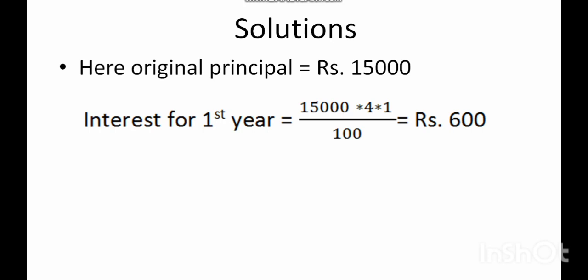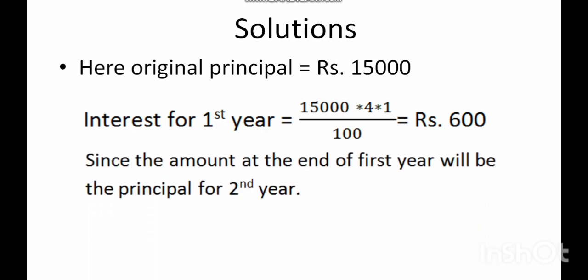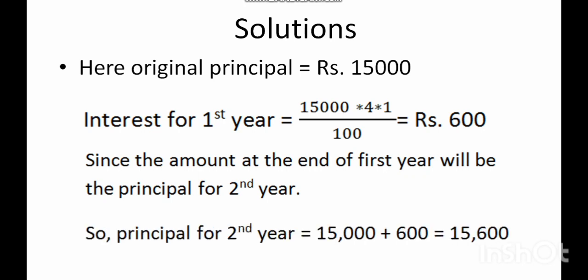So we get the interest as 600. Now for the second year, we have to add this interest to the original principal: 15,000 plus 600, which is 15,600 rupees, the principal for the second year. I hope you understood.